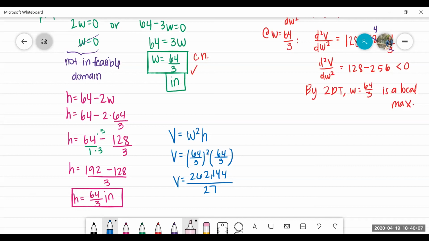So your volume is approximately 9,709.04 inches cubed, rounded to 2 decimal places. I do realize that in the last two examples, we ended up with the same values. That's not going to happen every time.